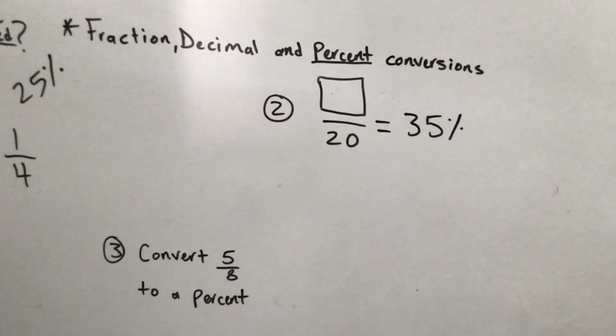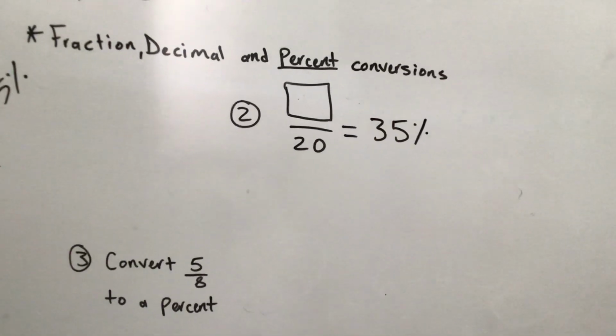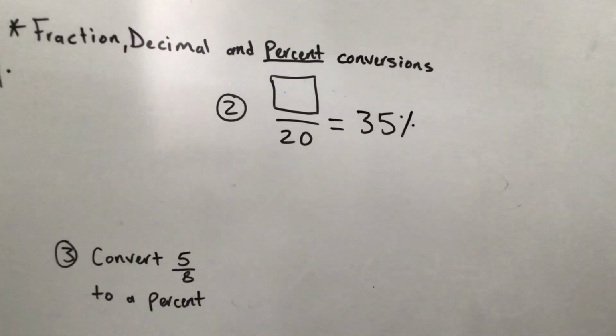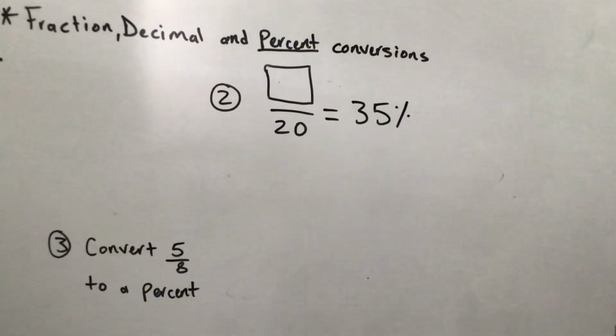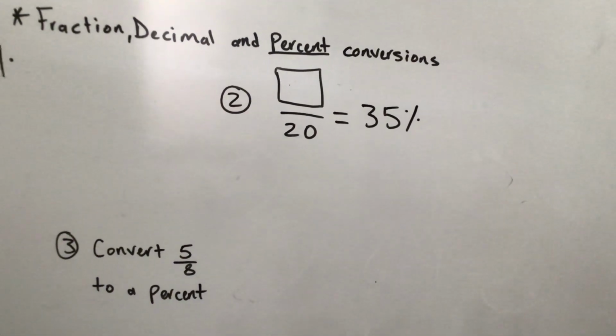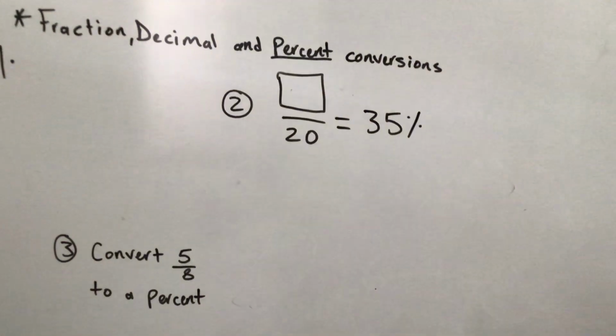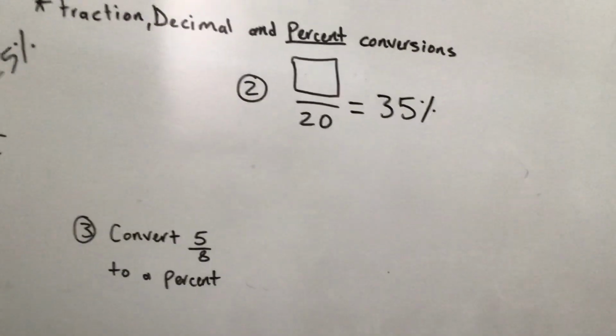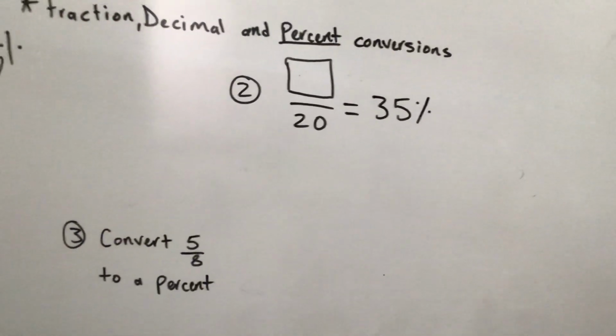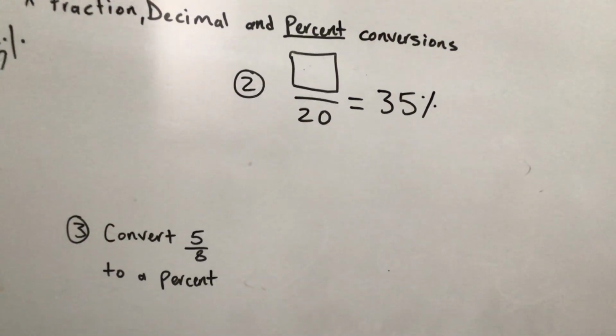You're missing the numerator here, and we have the denominator is 20, and we have to make that equation true. So on the right side, you can see that it's 35%, so we've got to find that numerator that can make that equal to 35%. So the easy way to do this, now all of you should know, is that percent is always based out of 100.